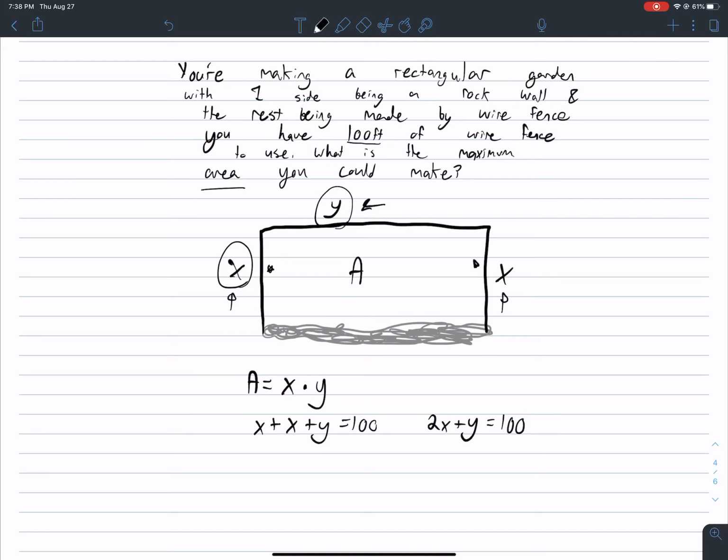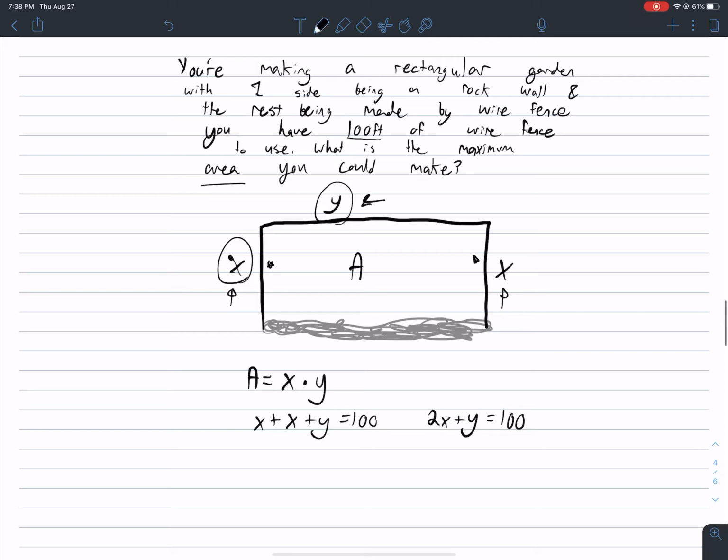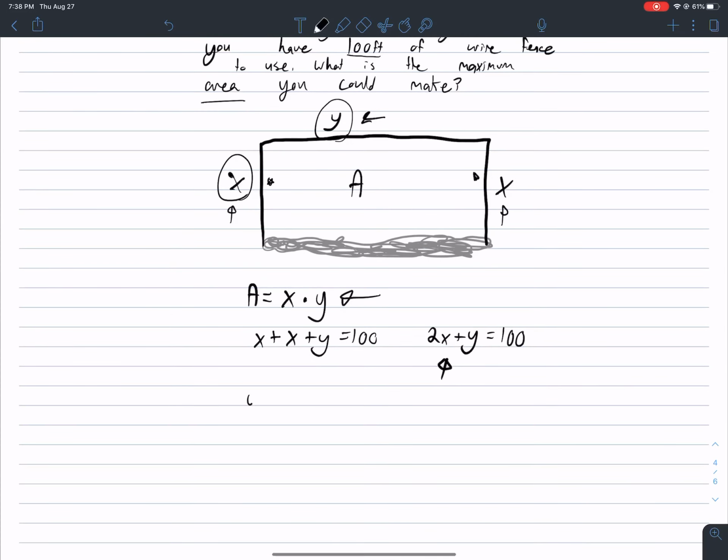Now you're going to want to substitute something into this equation to make it all in terms of x. To do that, you can solve this equation for y. You want to get y by itself, so all you have to do is subtract 2x from each side, and you get y equals 100 minus 2x.